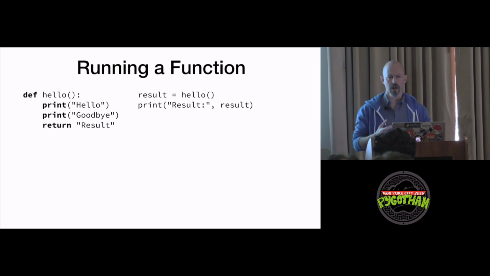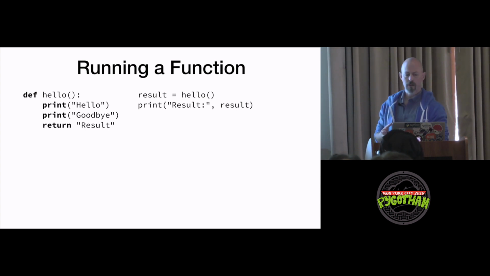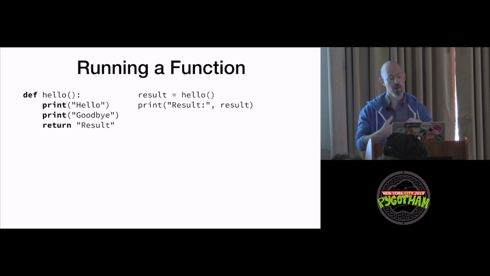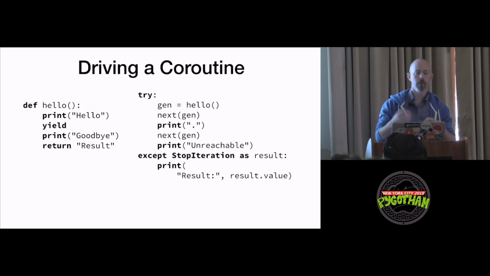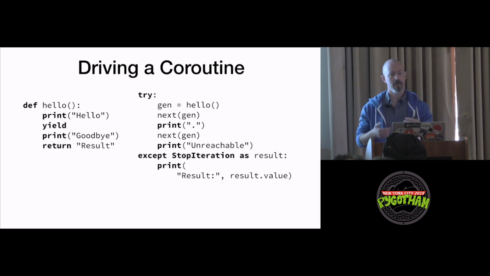Now functions are atomic. So when you run this hello function, you get a result back, and that's it. There's no way to really stop the function at any point and restart it later. That's the result of running that code. Whereas if we have a coroutine, and this is a coroutine because it has a yield statement in the middle, we've now effectively broken the execution in two.